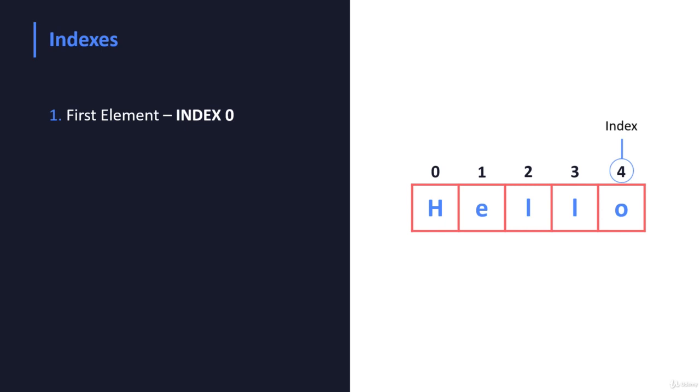So the first element will be at index 0 and the last element will be at index size minus 1, the size of the array, which in this example is 5, minus 1, which is a total of 4. So that's the guideline: the first element is at index 0 and the last element is at index size minus 1.